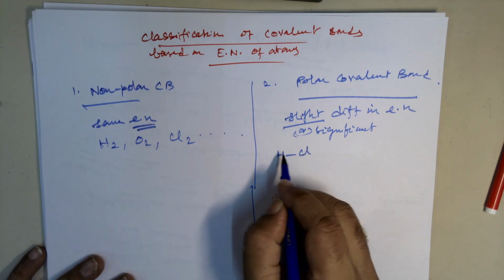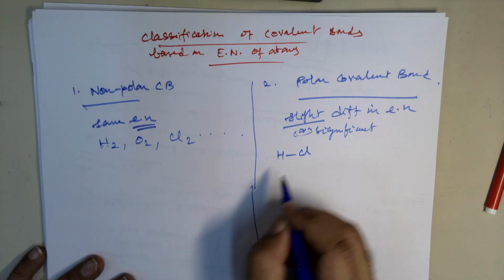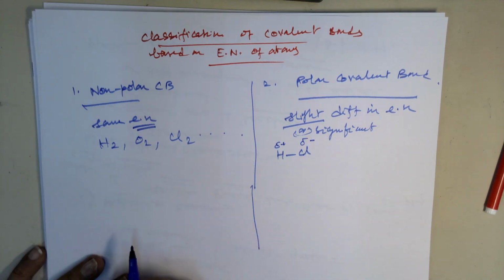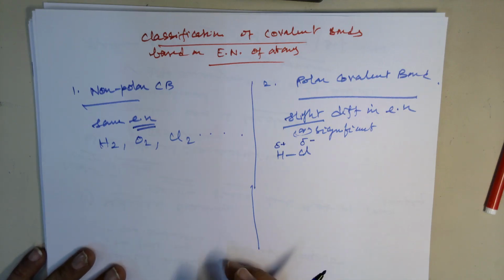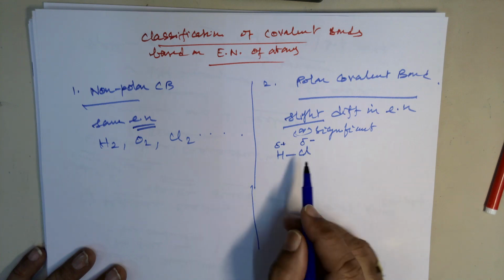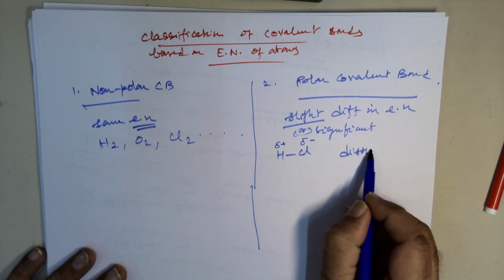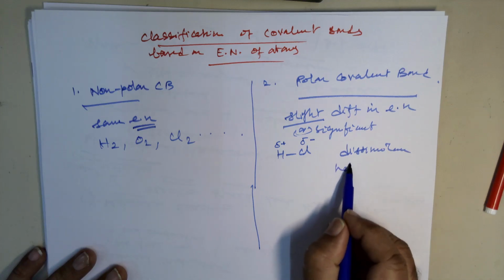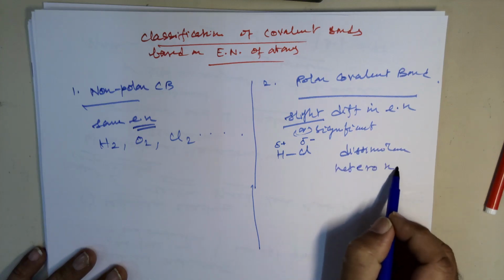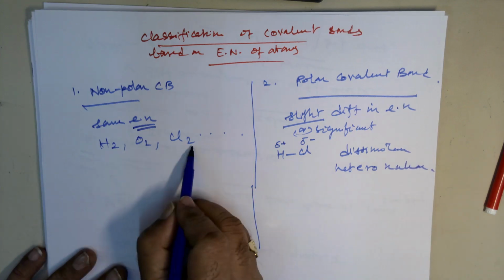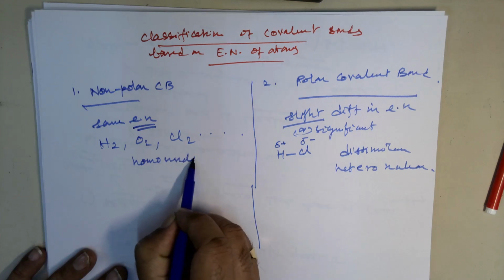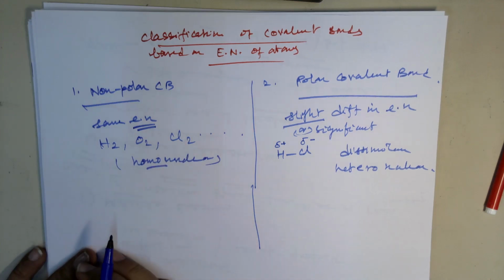But because of the difference in electronegativity, there will be a partial negative and partial positive character here. This type of bond is usually formed between two dissimilar atoms, which can be called heteronuclear atoms, whereas here they are similar, that is homonuclear.